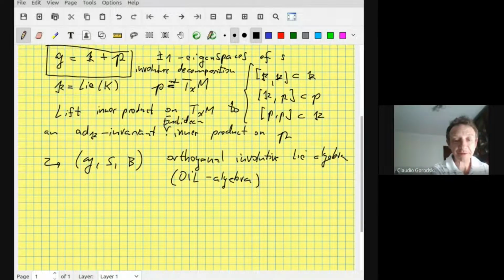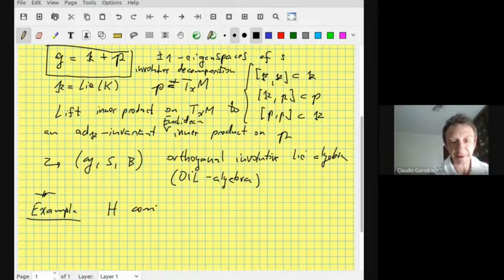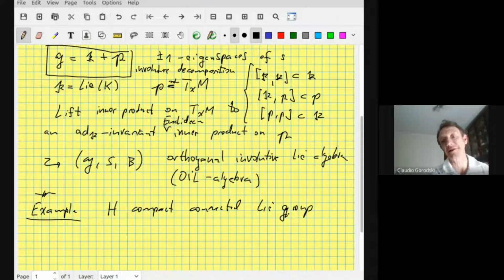Okay, so I was going to give one more example. So this example, if H is a compact connected Lie group, then in the last lecture we already saw how to view H as a symmetric space. So the geodesic symmetry at the identity is an inversion map, right?